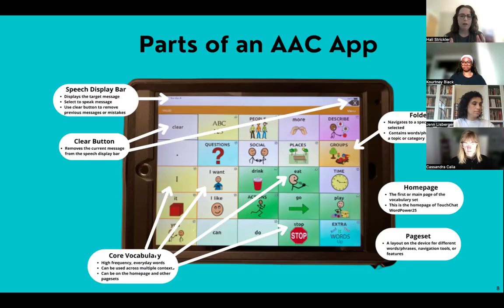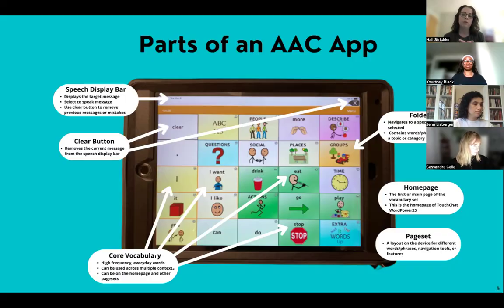Think of high frequency verbs. Those types of words are really going to be our core vocabulary. A lot of systems, you will see those core vocabulary words on the home pages, and they may or may not then open up related vocabulary depending on what the particular language software is.